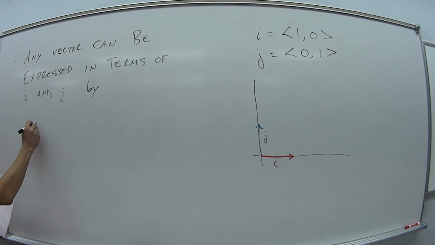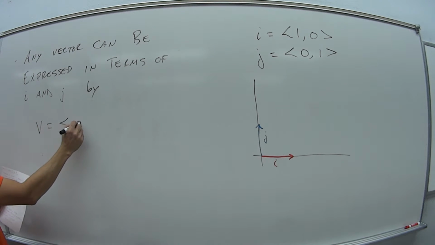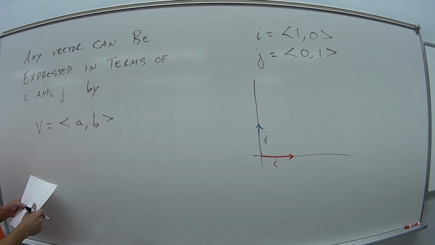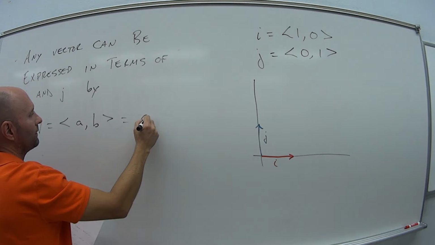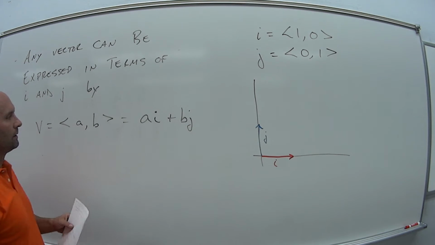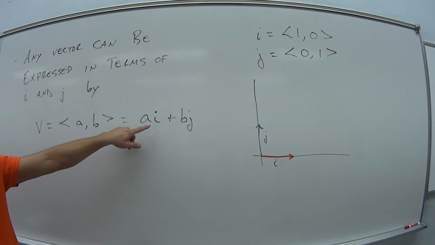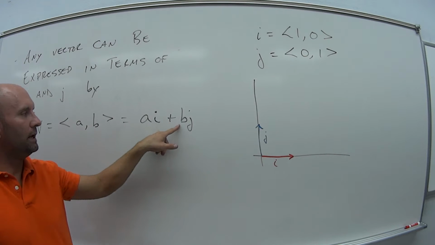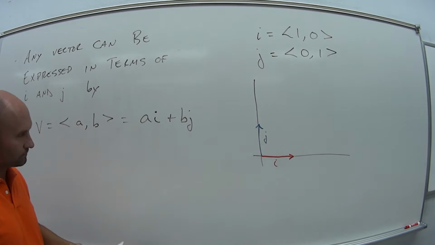We say that the vector v, which has its components a and b, is the same thing as saying ai plus bj. So a units left or right, b units up or down.